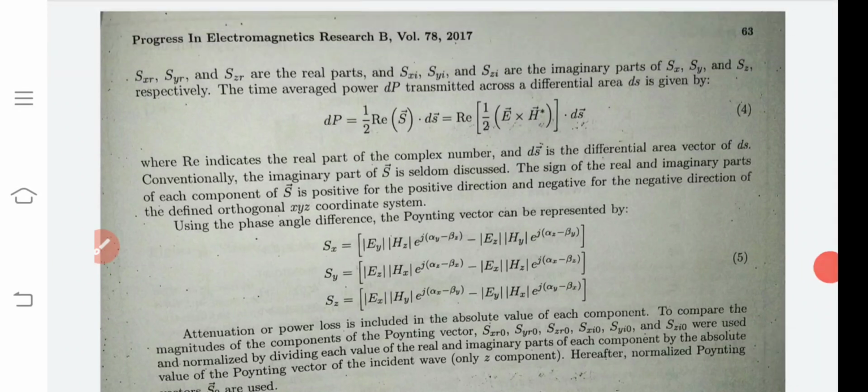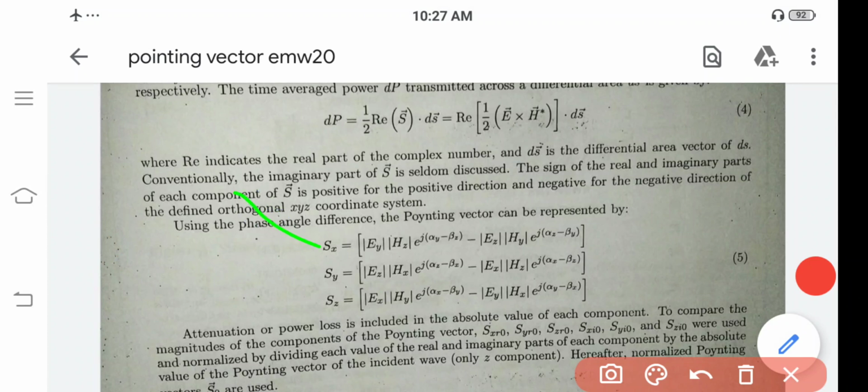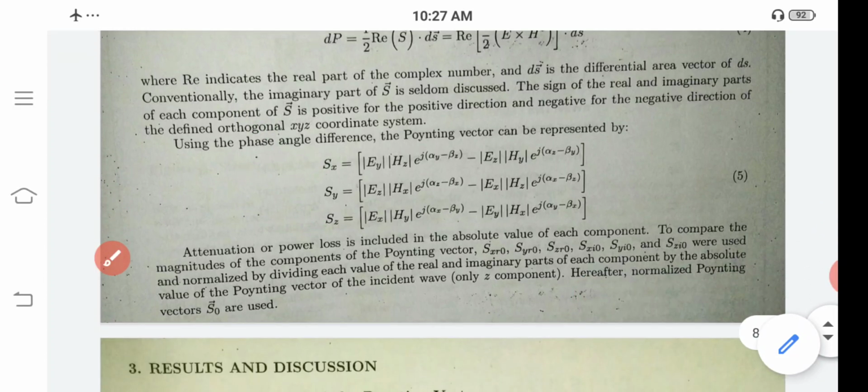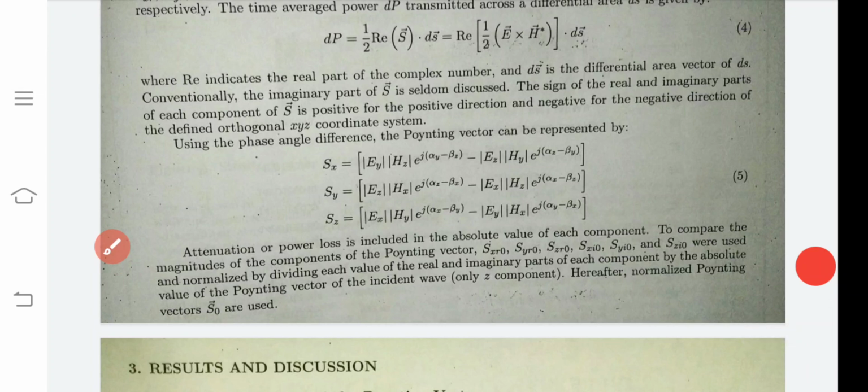Using the phase angle difference, the Poynting vector can be represented in phasor form in the x, y, z directions. Attenuation or power loss is included in the absolute value of each component.